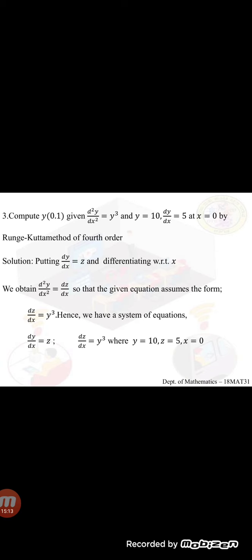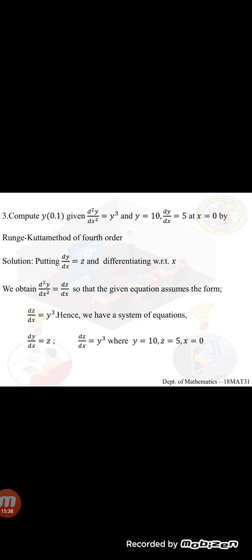Then third example, compute y of 0.1 given that d square y by dx square equal to y cube and y equal to 10, dy by dx is equal to 5 at x equal to 0 by Runge-Kutta method of fourth order. Solution, again put dy by dx equal to z, differentiate and rewrite the given differential equation as dz by dx equal to y cube.